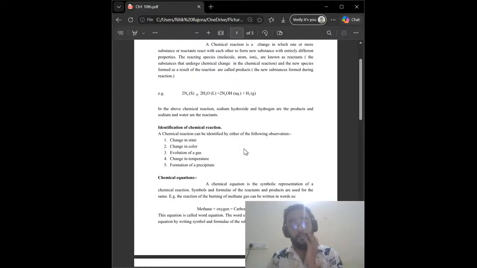On the other hand, when we put acetone, what is acetone? Acetone is a solution which is used to remove nail paint from nails.